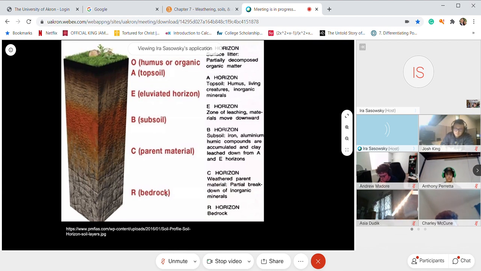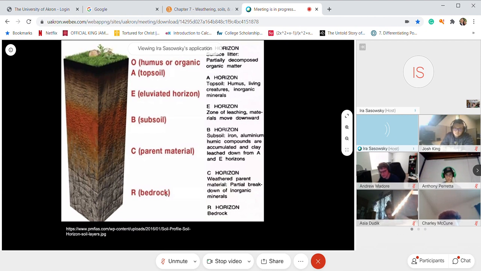So the O horizon at the top, O stands for organic matter. We would also call this humus, H-U-M-U-S, which is different than hummus, H-U-M-M-U-S, which is the tasty Mediterranean dip that we have with pita.